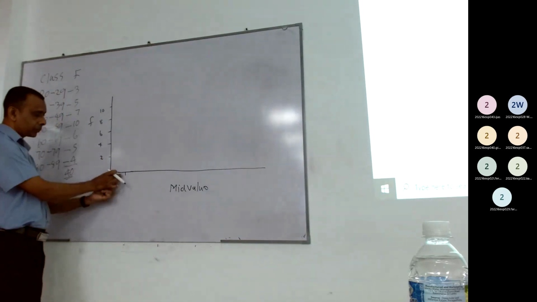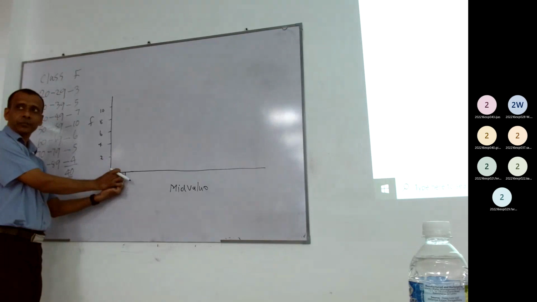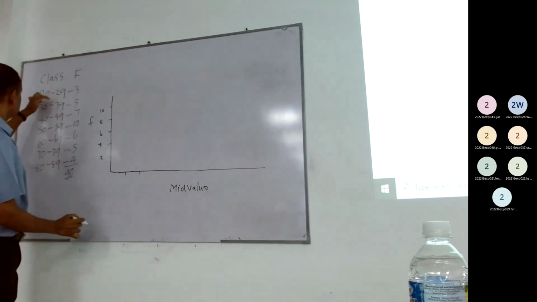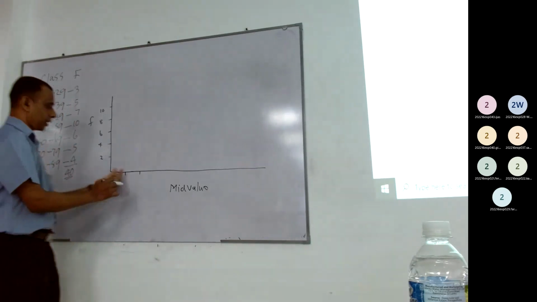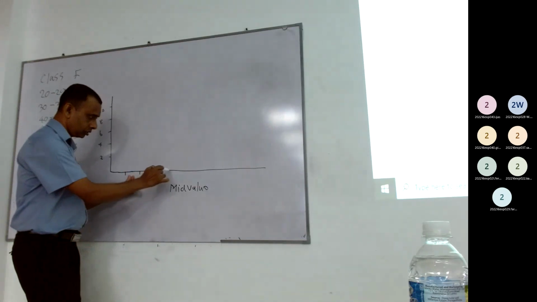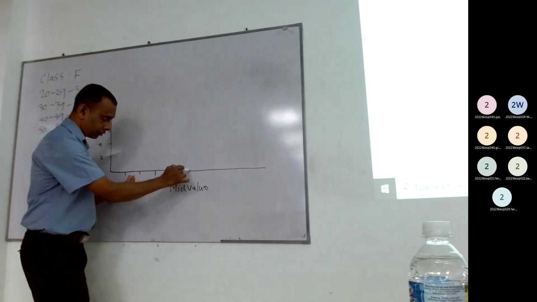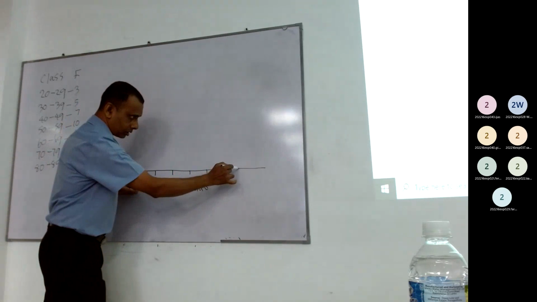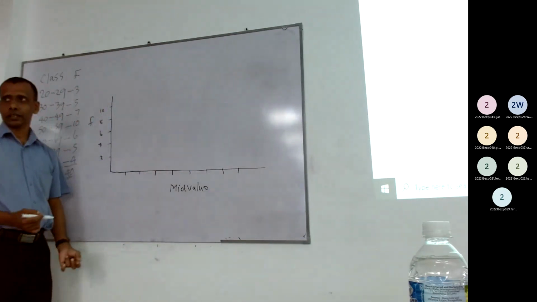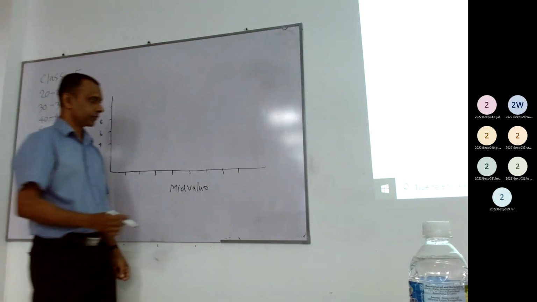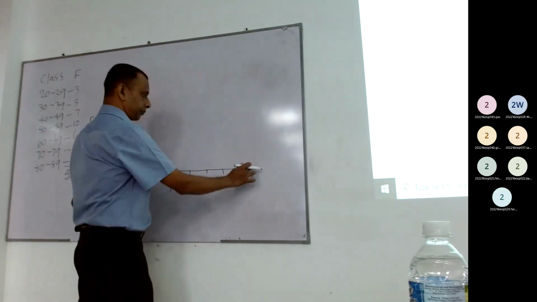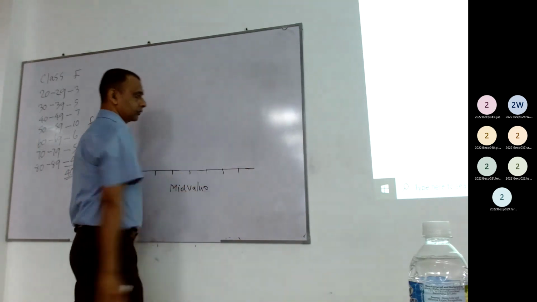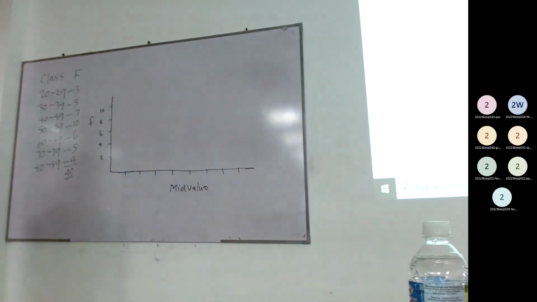Then keep one scale free, because to construct frequency polygon and frequency curve, keep one scale free, then start. 1, 2, 3, 4, 5, 6, 7. Take scale correctly, same distance. Again, keep one scale free at the end. When you construct histogram, keep one scale free at the beginning and at the end.